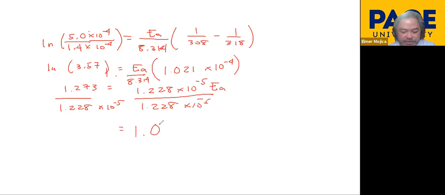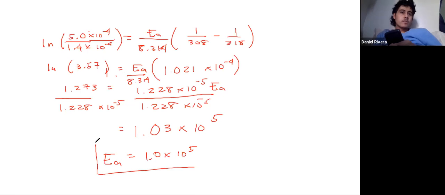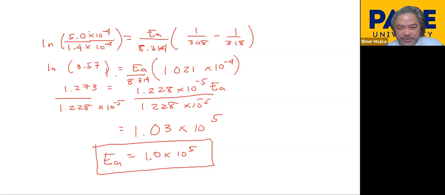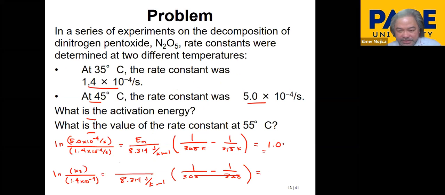Around 1.03 times 10 to the 5, or just around 1 times 10 to the 5. Did you get that? Yeah. So that's the one that you're going to use if we go back to our previous slide, because that's the answer that you have here.